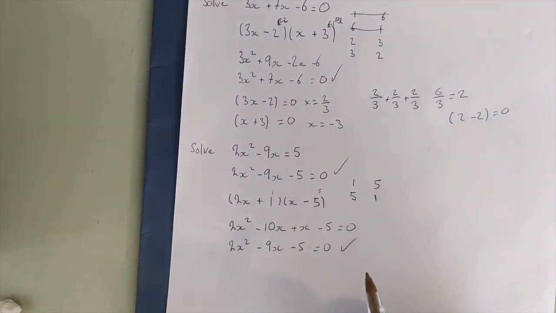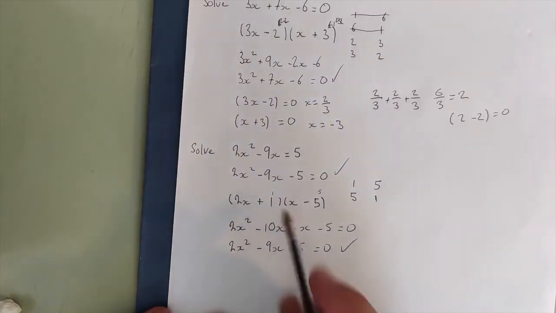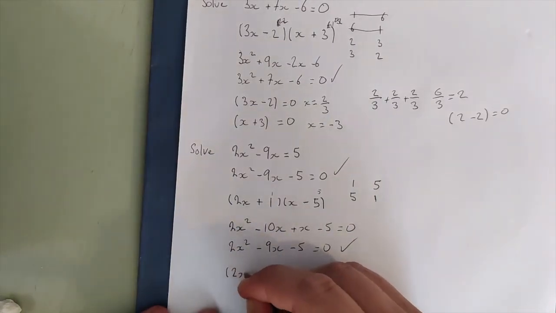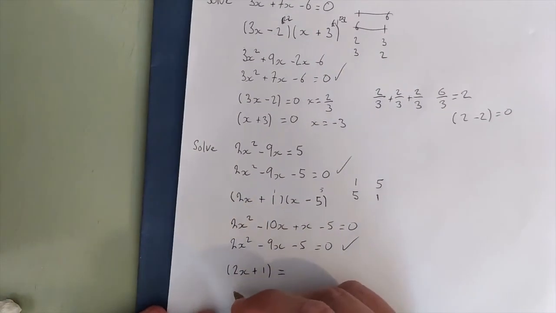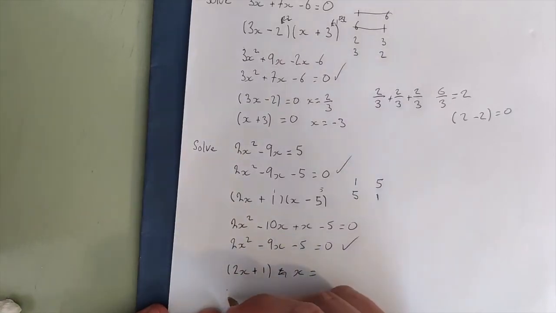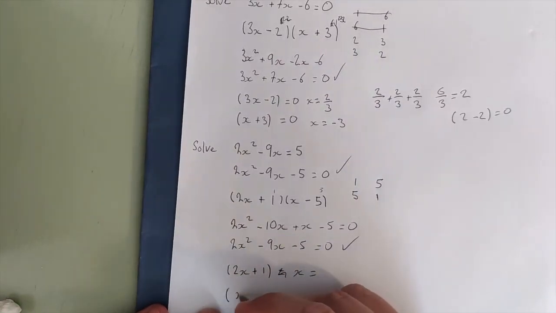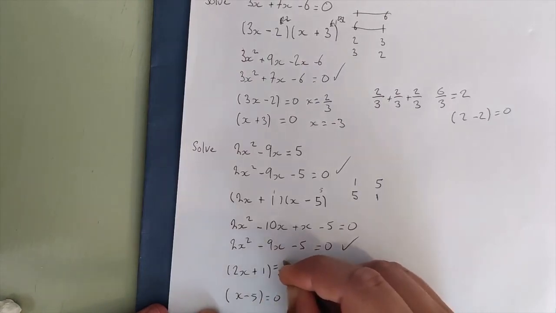Then we just got to find out what x equals. So we just look at this bit. 2x plus 1 equals 0, or x equals, and x minus 5 equals 0. This should say equals 0.